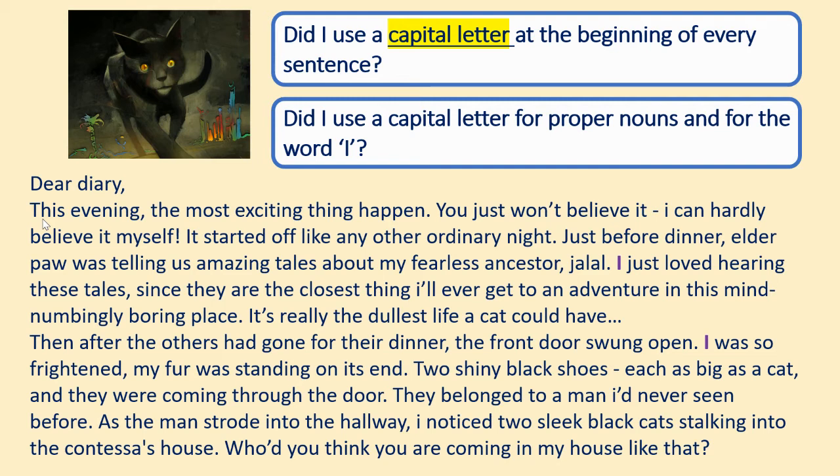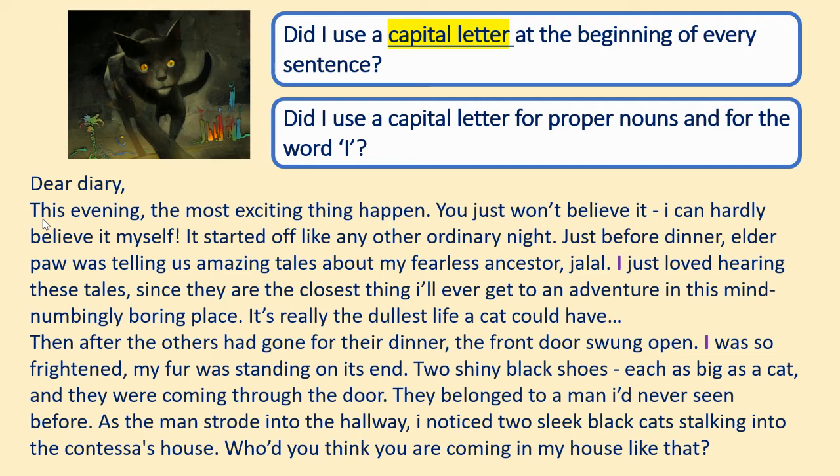Okay, now I've got some proper nouns. I want you to have a quick skim and scan through my writing. There are some proper nouns, names of characters. Tell me what the characters are that have been written about in that diary. Go. We've got Alderpoor. Who else have we got written about in that diary? Yep, we've got Jalal. And who else?